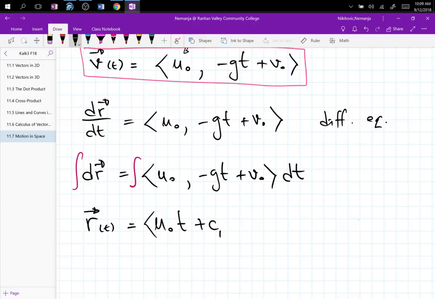And then I'm going to have the comma over here. And now I'm integrating negative gt. That's going to be negative g times t squared over 2. When you integrate t, you get t squared over 2, plus v0t plus c2, a constant.